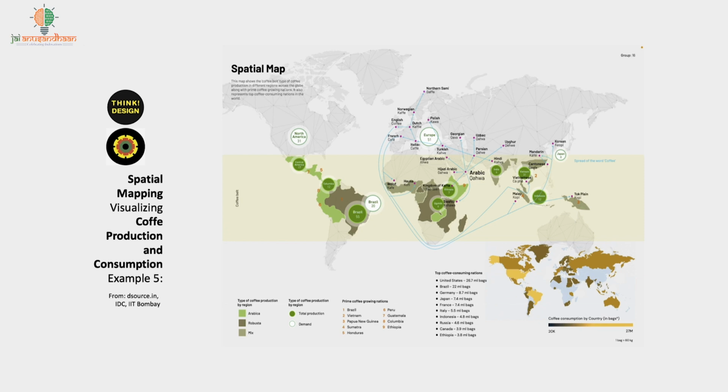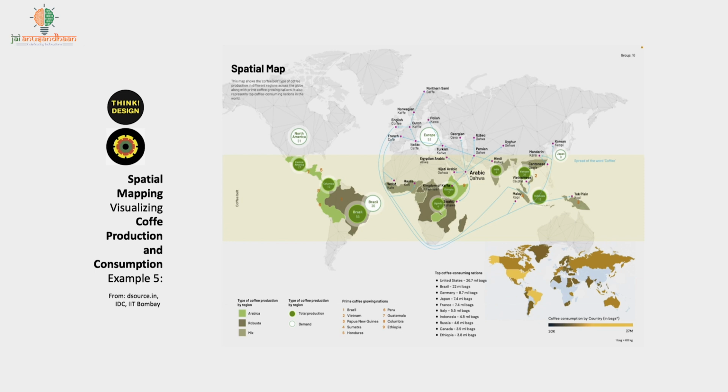So these are the regions which actually grow coffee, and it mentions also how much coffee is grown. It also shows the paths along which the coffee which is produced travels to other parts of the world. Okay, and the shorter map in the bottom portion shows the consumption of the coffee.